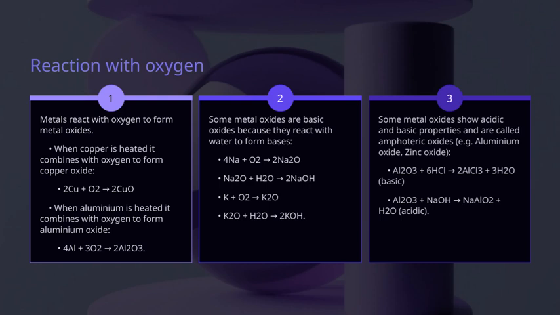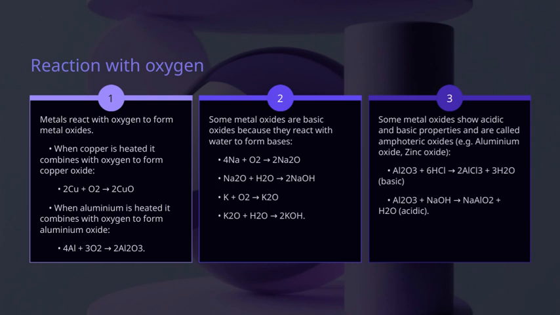Some metal oxides are primarily basic because they react with water to form bases. For instance, when aluminium is heated, it combines with oxygen to form aluminium oxide, which is essential in many industrial processes. Copper also reacts with oxygen when heated to produce copper oxide, CuO.